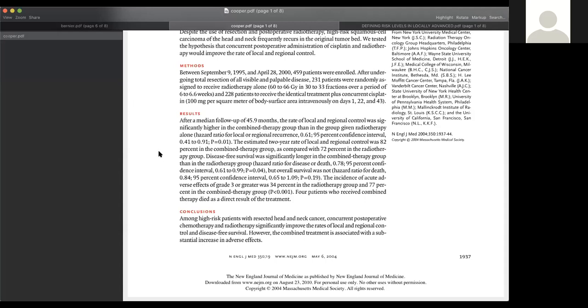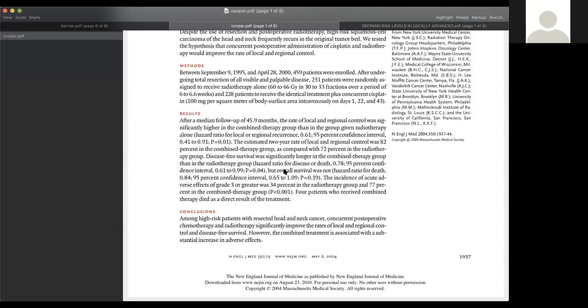So the previous paper looked at progression-free survival and overall survival. Here we're talking about local regional control and disease-free survival. This is very important to understand if you want to justify concurrent chemoradiation post-op to your tumor board or to your patient. You have to tell them that it's not the progression of the tumor alone or the overall survival, it's the local regional control and disease-free survival that you're improving by adding chemotherapy.